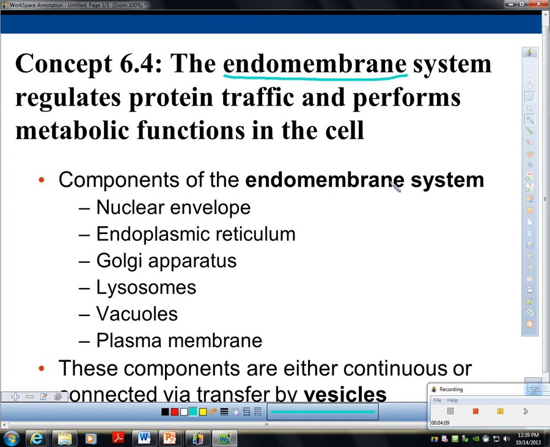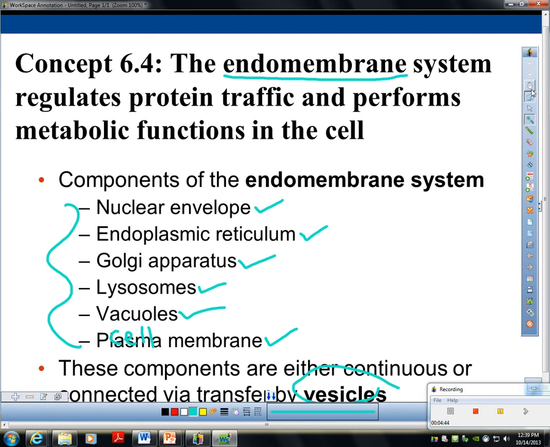So this is all part of traffic, I guess is what I want to say. The nuclear envelope, which we already talked about, endoplasmic reticulum, rough and smooth, Golgi, lysosomes, which we haven't talked about, vacuoles, and the plasma membrane, aka the cell membrane too. Remembering these is pretty important. Vesicles are just packages of stuff. So that's what we mean by that.